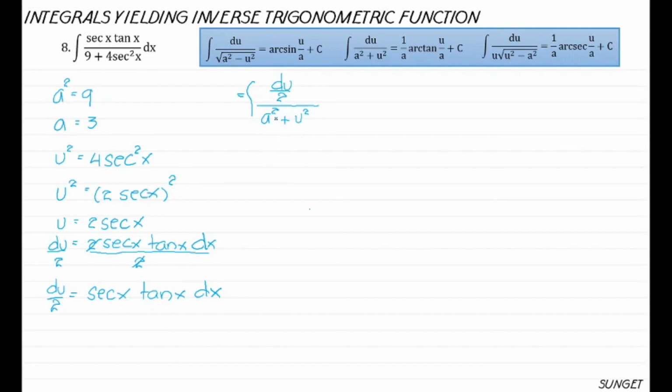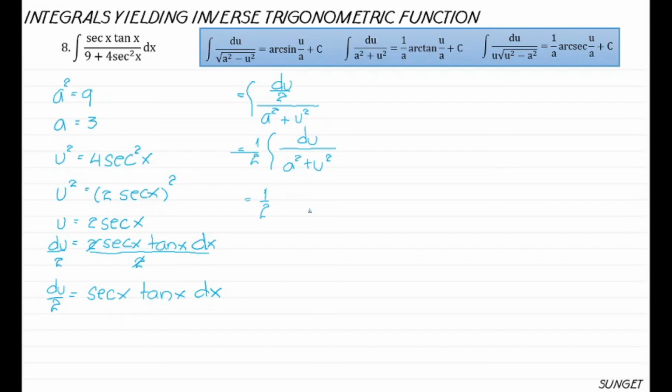Next, apply the constant multiple rule. So we have 1/2 times the integral of du over a squared plus u squared. Integrate.